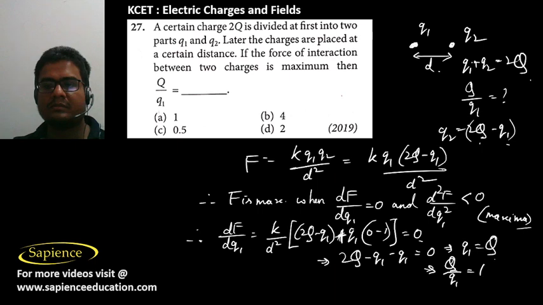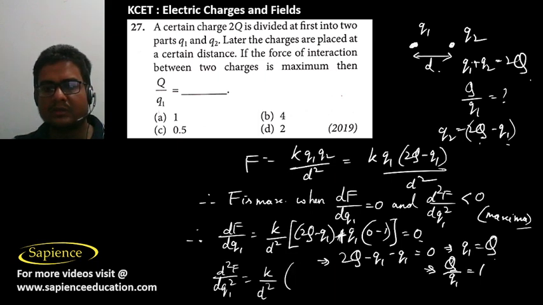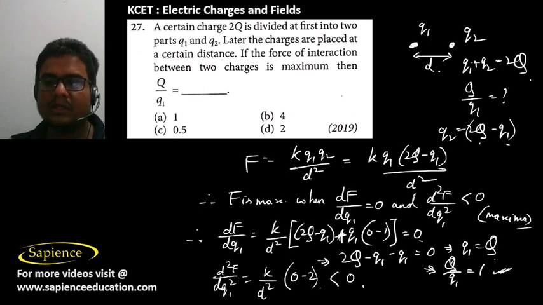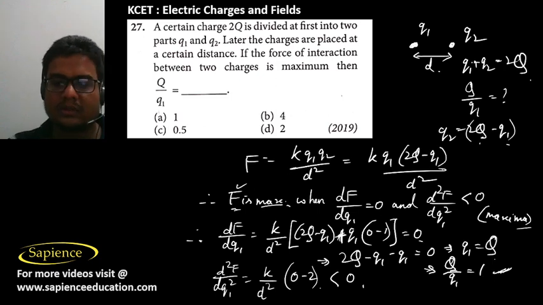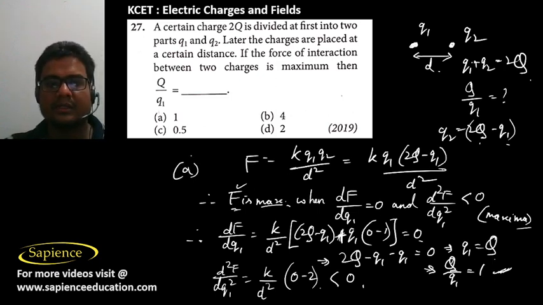When q is q1, then d square f by dq1 square will be k by d square times minus 2, which is obviously less than 0. Q equal to q1, then only we will have the maximum value of the interaction. Option A is the correct answer.